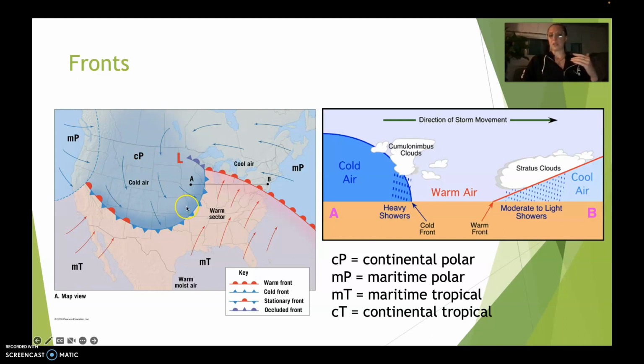So behind cold fronts, we tend to have continental polar air because it's cold, generally dry. And behind the warm front tends to be this maritime tropical air, so it can be warm and maybe dry or moist. So these different air masses interacting with each other is what can drive weather patterns all over the country and all over the world, really.